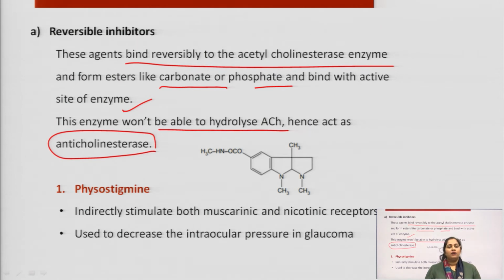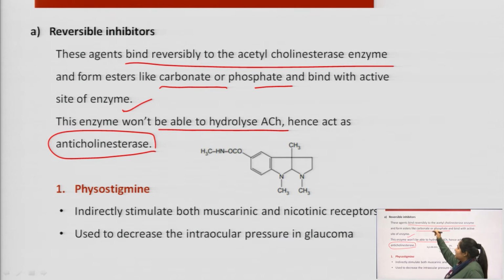Anticholinergics act against acetylcholine, but anticholinesterases act in sync with acetylcholine, because they are not acting on the muscarinic or nicotinic receptor, but they are enhancing the probability of acetylcholine binding with the receptor and exerting its action.